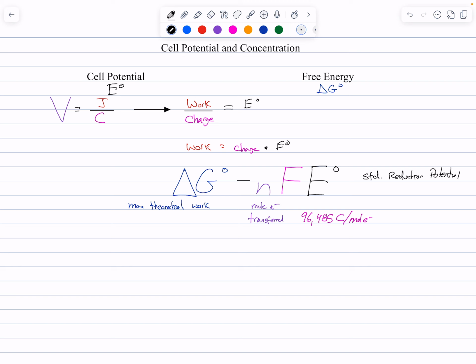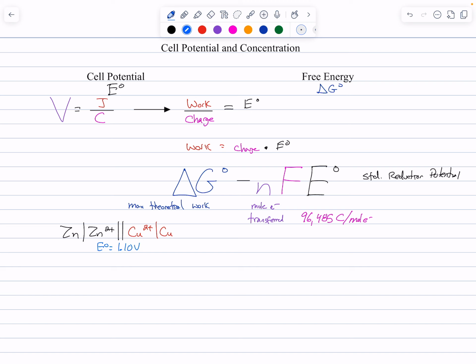So in our cell, which is the Daniell cell, we had Zn, Zn2+, Cu2+, Cu, and that E standard is 1.10 volts. If you remember that, your notes should have that.